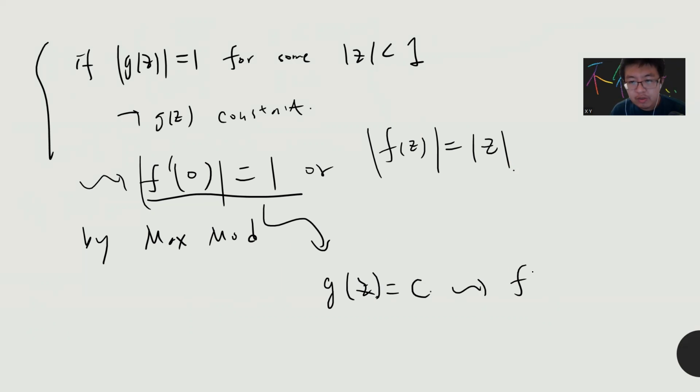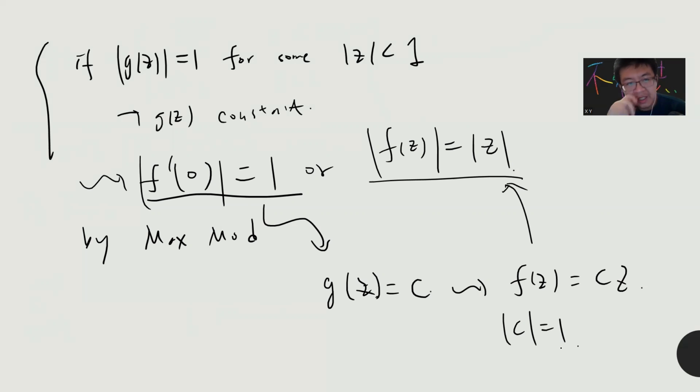So which tells you that f(z) is just cz. Okay. So obviously this will give you |c| equals 1. Okay. I think this is the proof. Okay.